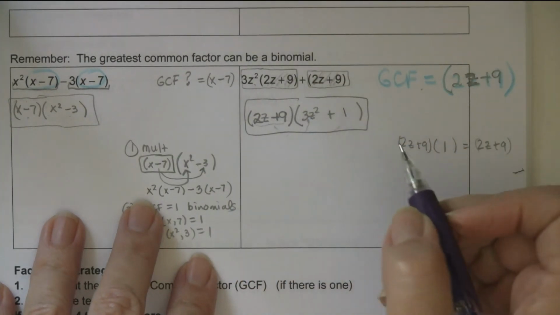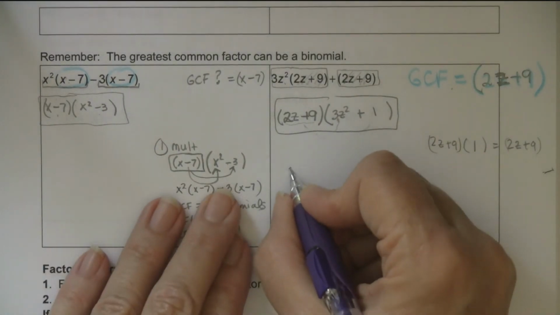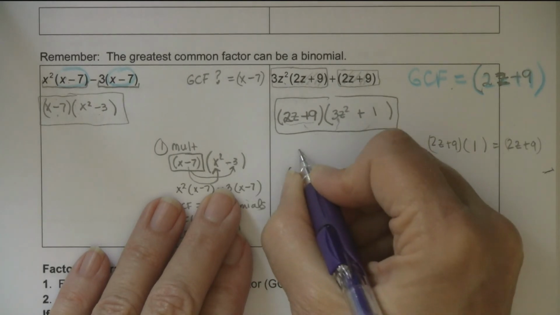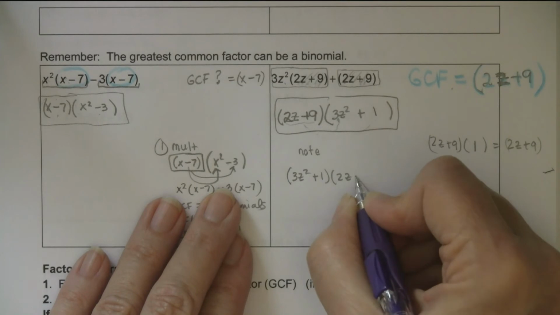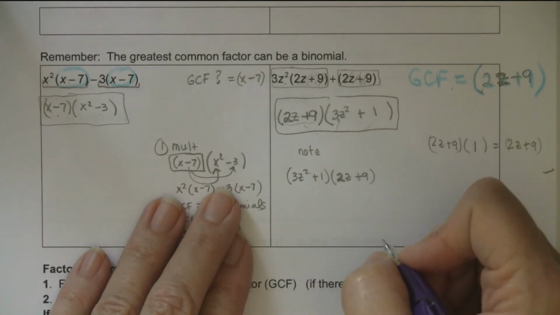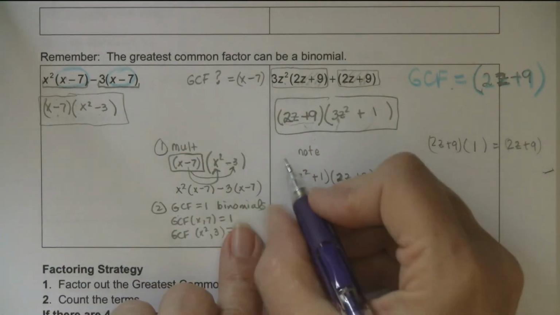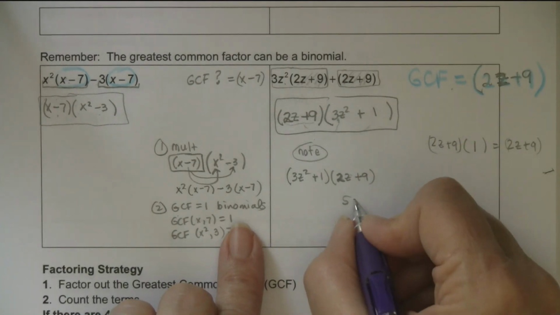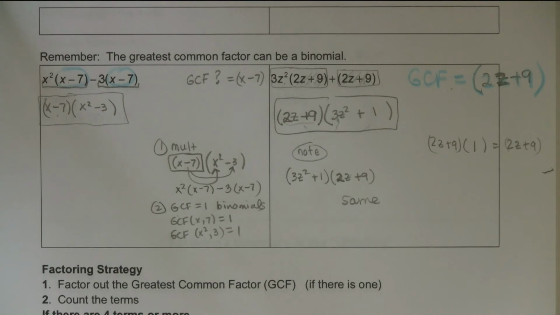Now, if I look in the back of the book, I notice that they've written this, 3z squared plus 1, and this is just a note for you, times 2z plus 9. Well, they have the same answer as you. They just wrote them in a different order. So note, this and this are the same. They're equal answers.